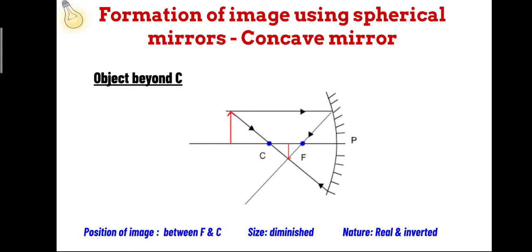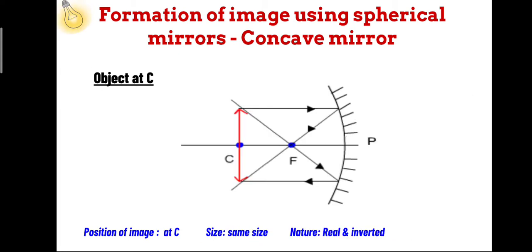As you can see on the screen, the ray parallel to the principal axis after reflection passes through the focus, and the second ray is drawn through the center of curvature that reaches the mirror and then retraces its path. Both the reflected rays coincide at the point in between C and F where the image is formed. And so we say that the position of the image is between F and C, and it is diminished when compared to the object. It is real and inverted.